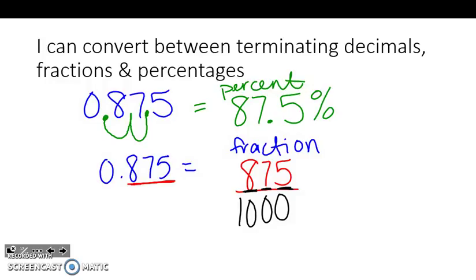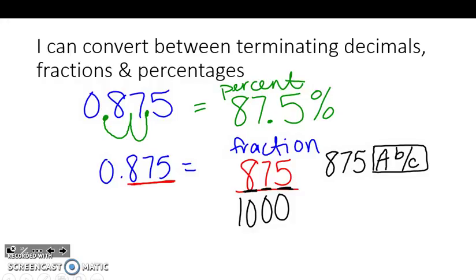Now, remember I just said that it has to be a simplified fraction. So we have to make sure that 875 over 1,000 can't simplify. Last year, you would try and find the number that could go into both the top and the bottom. But this year, we're going to teach you how to punch it into your calculator. So if you type in 875, and then you push the ABC button on your calculator, it's in the second row.